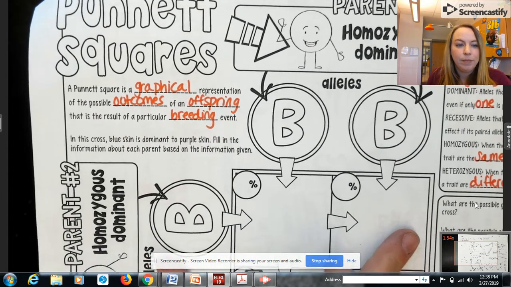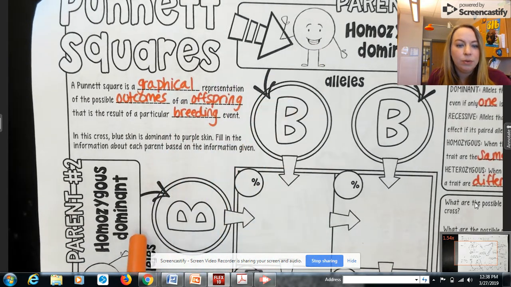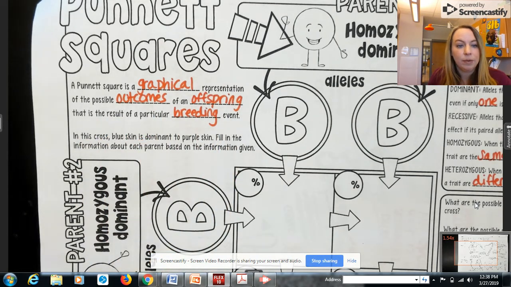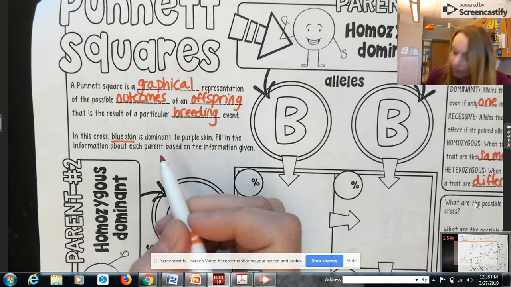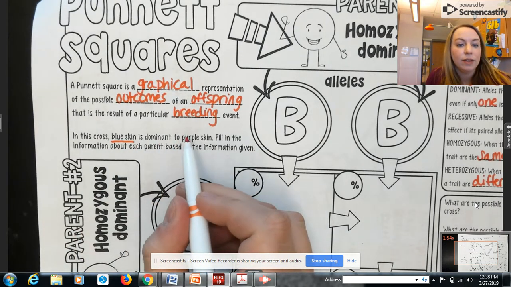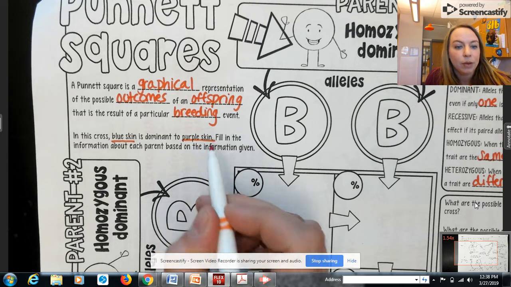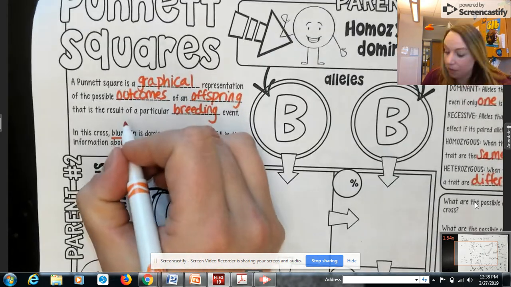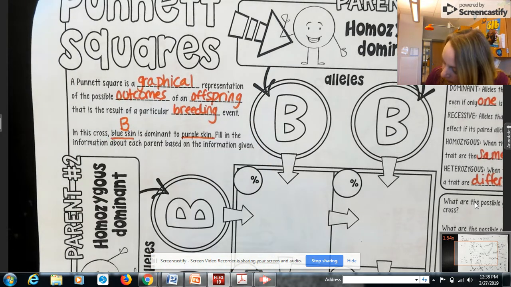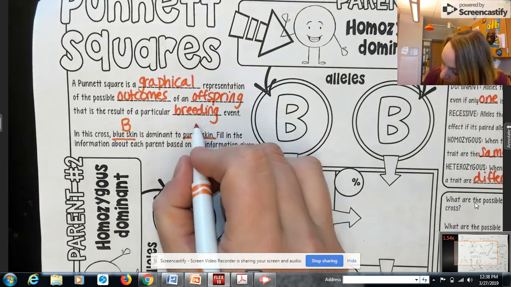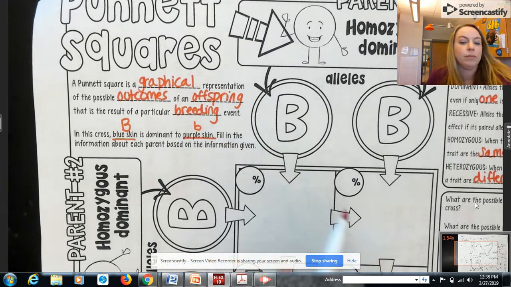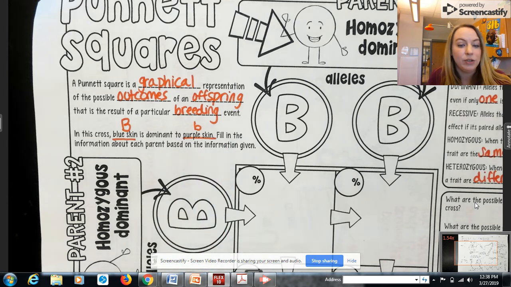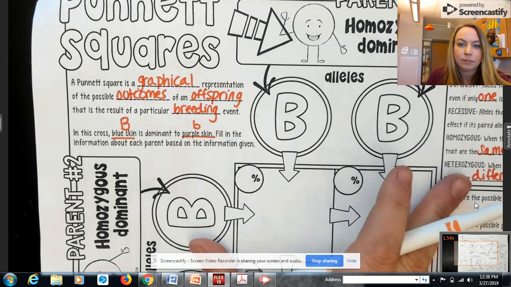In this example, we're crossing two little guys here, and in this cross, blue skin, so I'm going to just underline that, blue skin is dominant to purple skin, okay? So what this is telling us is that blue skin is dominant, so it's going to be big B, and purple skin is going to be little b. So fill in the information about each parent based on the information given. So we'll do that in just a second.